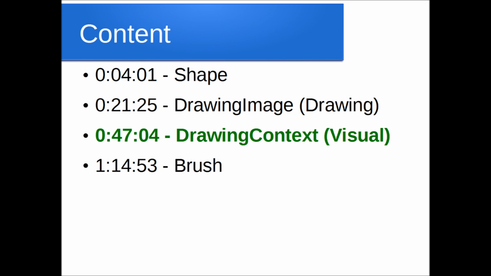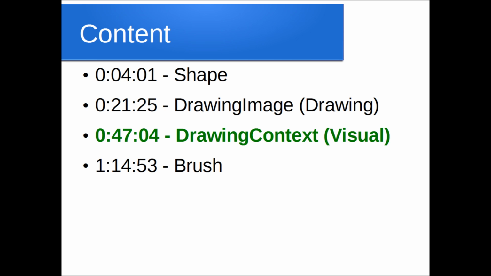The drawing context is an object that also enables drawing in the WPF framework. It's much more procedural oriented than, say, the drawing image. By procedural oriented, I mean that while there are still objects, there is a lot less object layering inside the drawing context as compared with the drawing image object.